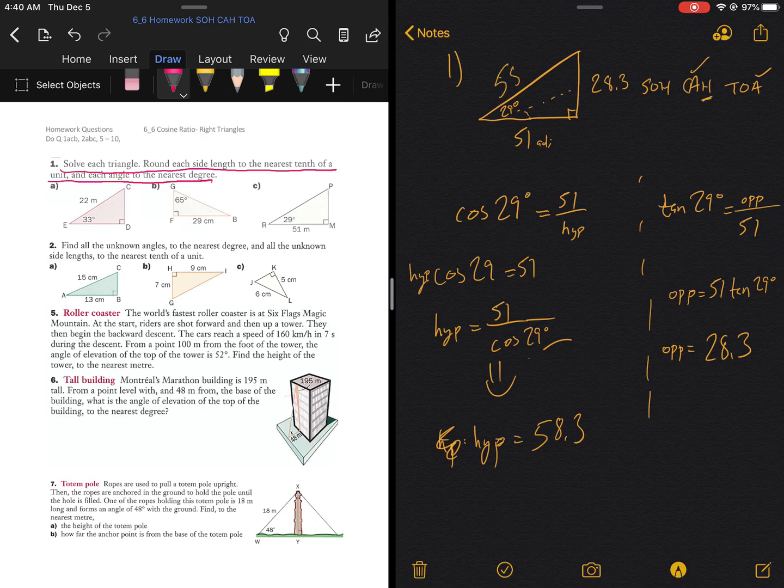And I have my hypotenuse, which is 58.3. And of course my angle is going to be 90 minus 29, which is about 61. It's basically 180 minus 90 minus 29. If you put that in the calculator, you'll get 61. And that's it.